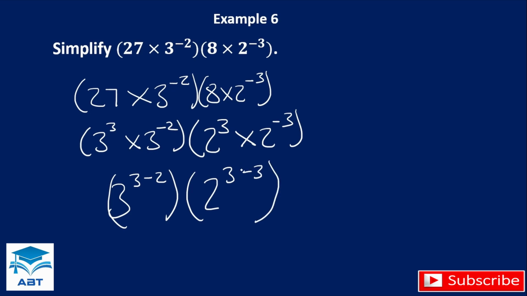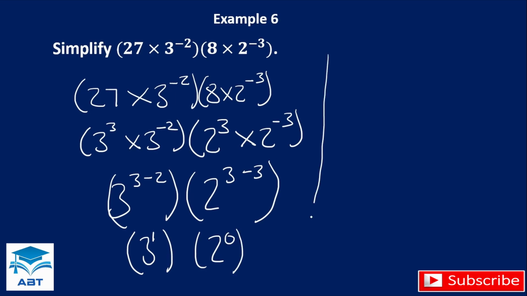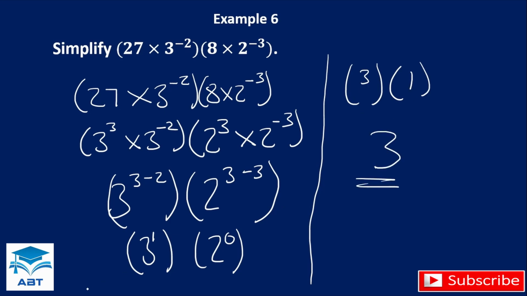When you have plus and minus, it can be written as minus. We have 3 exponent 1 here, and here we have 2 exponent 0. And 3 exponent 1 is 3. 2 exponent 0 is 1. And 3 times 1 is 3. That is our final answer.